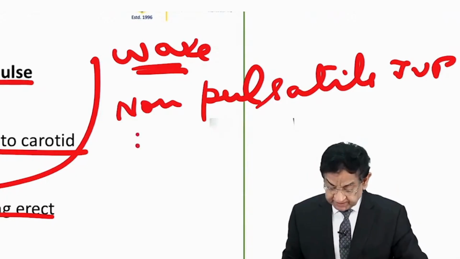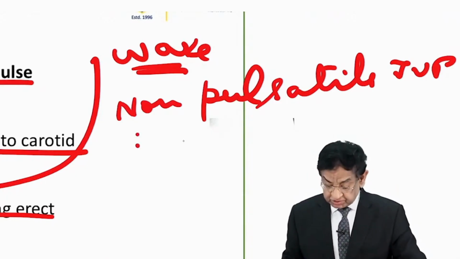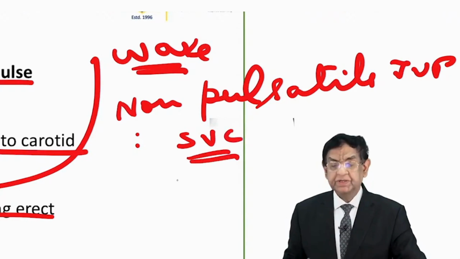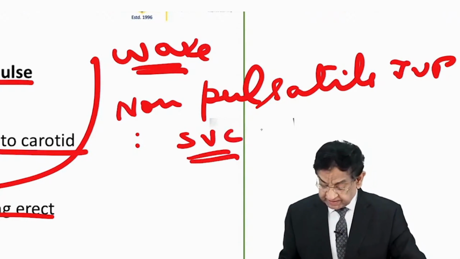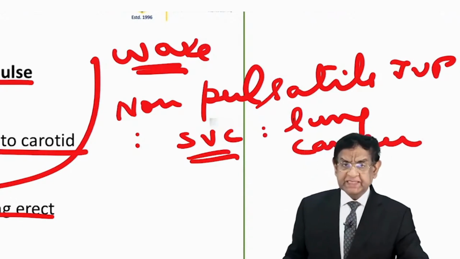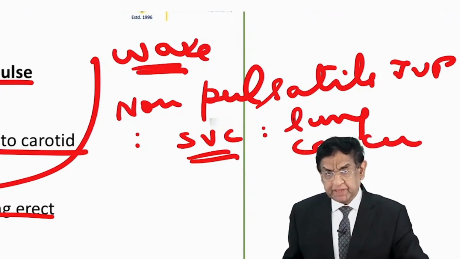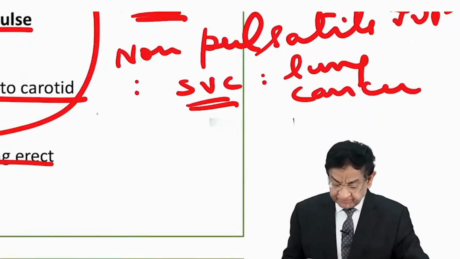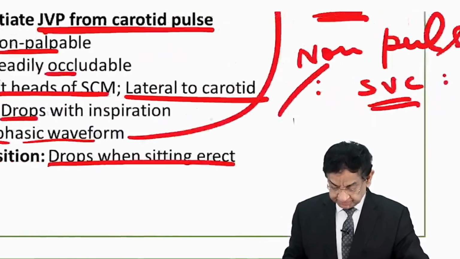We see that in any condition which leads to superior vena cava obstruction, and that is very commonly seen in lung cancer. The non-pulsatile JVP is seen in superior vena cava obstruction, which is seen in lung cancer, a very commonly asked question.